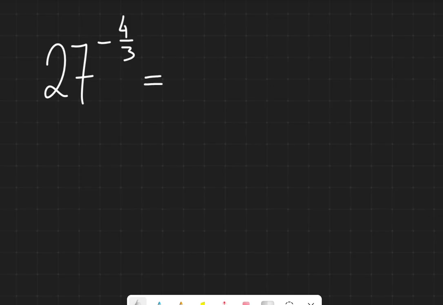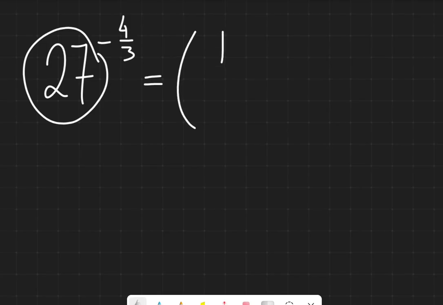We said that if we have a negative exponent, what we do is this number will be flipped. So basically instead of 27, we can write 1 over 27, but then our exponent becomes positive. So the exponent becomes positive 4 over 3.